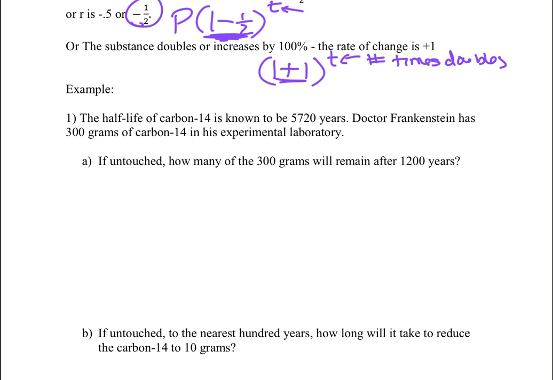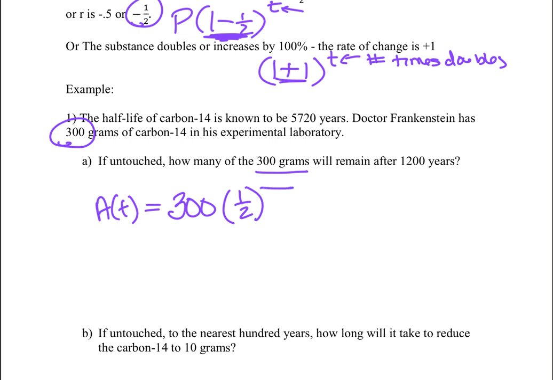The half-life of carbon-14 is known to be 5,720 years. Dr. Frankenstein has 300 grams of carbon-14 in his experimental laboratory. If untouched, how much of the 300 grams will remain after 1,200 years? You have to set up the problem. 300 grams is the starting value. This is the formula, with a half as the base.